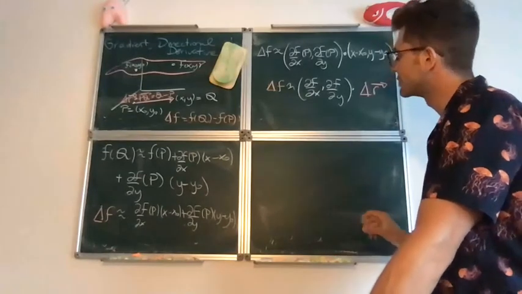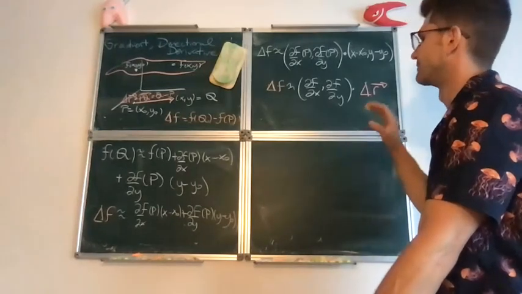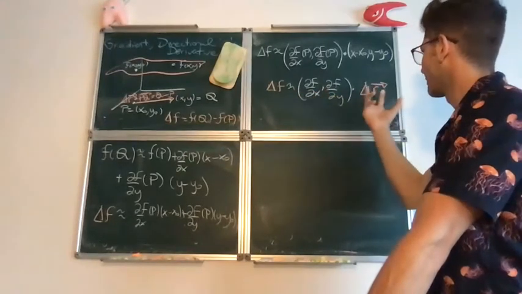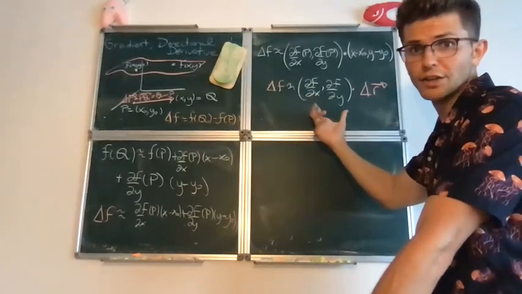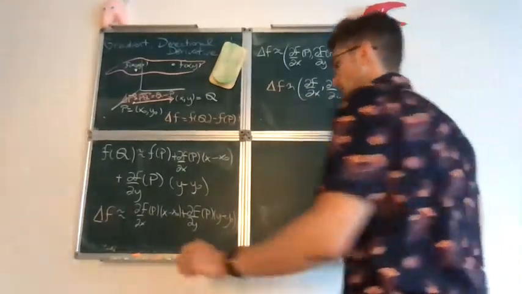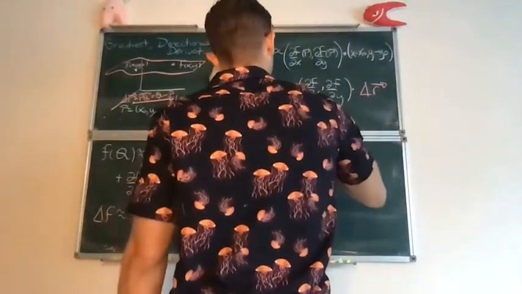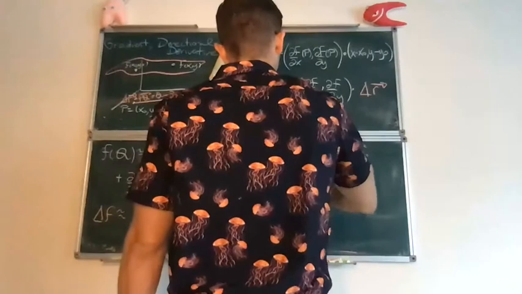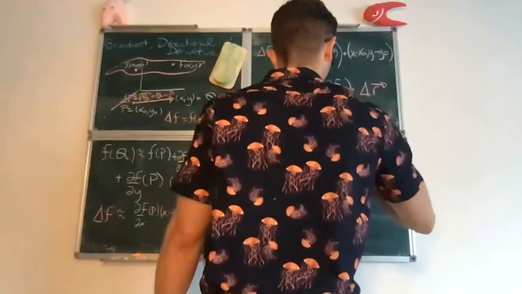And so what that tells you is that the small change in f is basically determined by a dot product between a small change in the position vector with this quantity, and this quantity has a name, which is the gradient. So you say the gradient of f is denoted like this, and it's just a vector whose entries are the following. Okay?